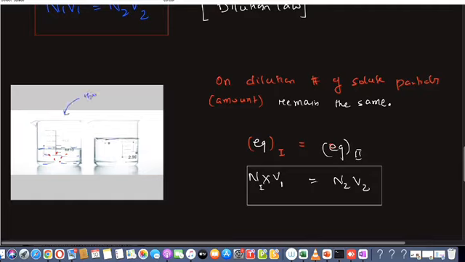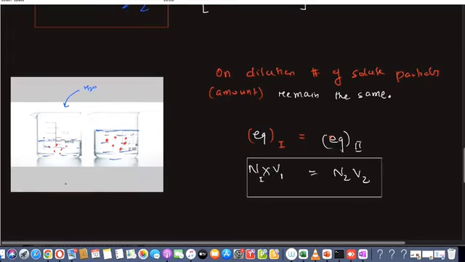The water level increases, that I know. What happens to the number of these solute particles? It remains 6. 1, 2, 3, 4, 5, 6. Why does it remain 6? Because I have not added or subtracted any solute here. I just added solvent. So yes, I diluted it.